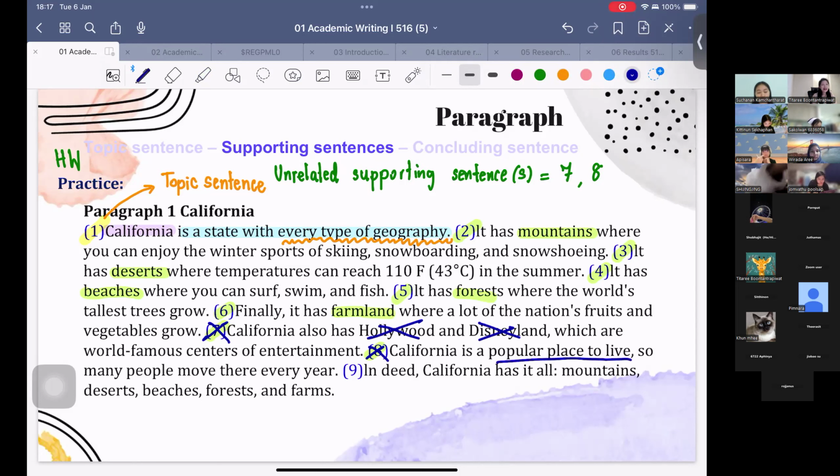So a sentence like this can be included, but since the topic sentence talks about every type of geography, the details technically should be about geography. But saying this is a popular place and that's why people would like to move here is about why people move here, which is not directly related to the different types of geography.